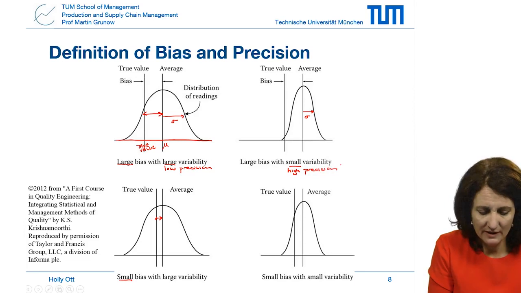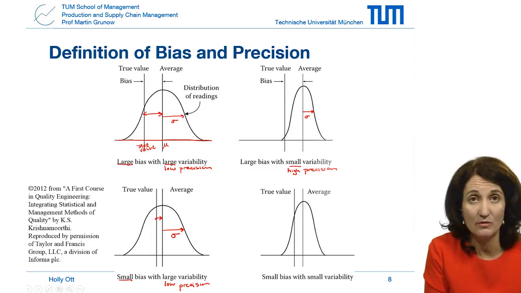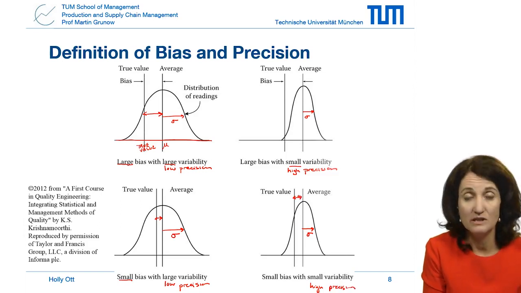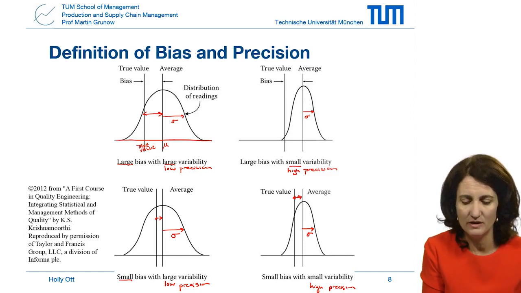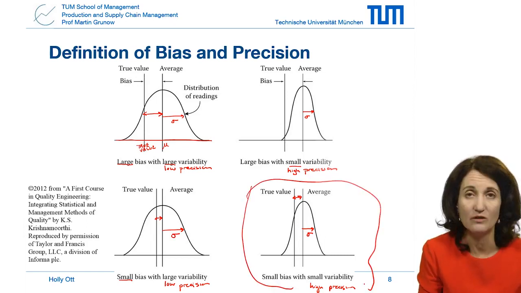The same in the bottom case: here we have a small bias but low precision. The measurements, which should all be exactly the same, are widely varied, and here we have, again, high precision and also a small bias. The bias is the difference between your average value and the true value. So clearly what you're looking for is a small bias with a small variability, or high precision.